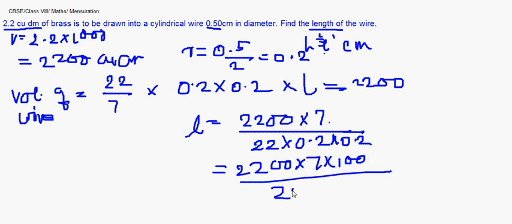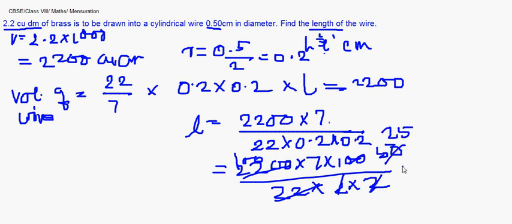So it will be 22 into 2 into 2, which gives 100. Am I right in doing this? I think there is a mistake here. It is pi r square h. Did I do that rightly?